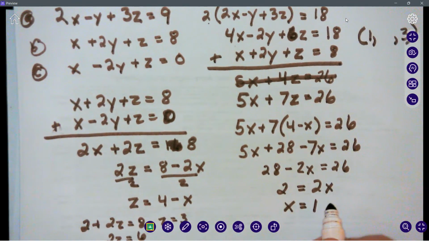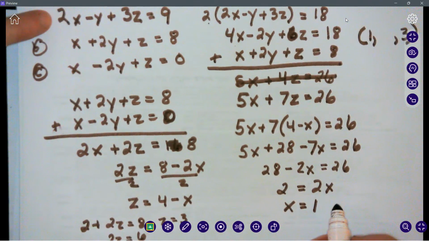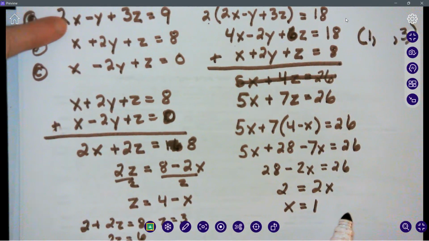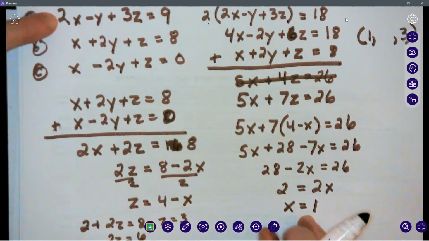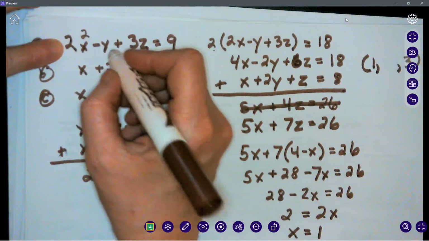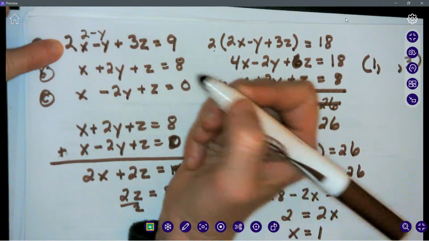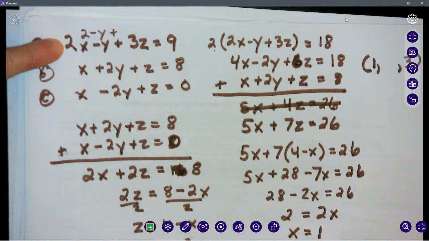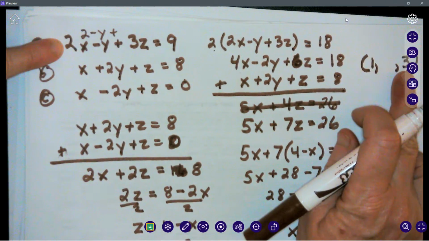So now we have to find an equation to figure out what y is. We'll go up here, and we'll take a look at this one. 2x would be 2 times 1, which would be 2. And we're going to subtract y. We don't know yet what y is. And then we put in that z was 3.